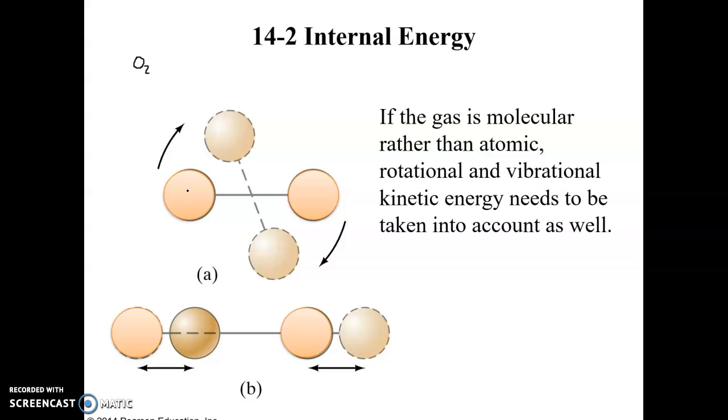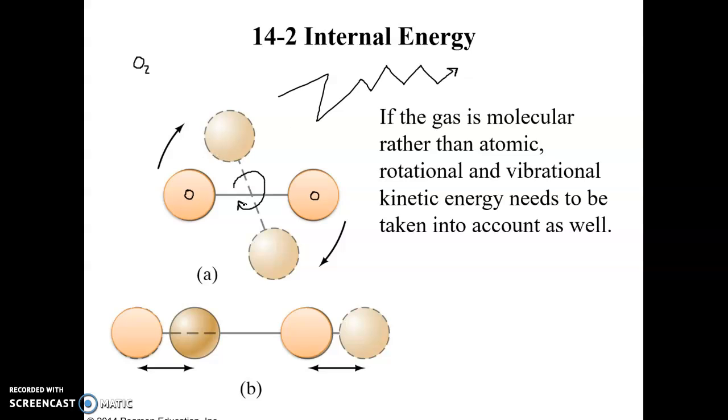So we've got 1 oxygen here and another oxygen here, and they're linked together. Now, if we look at the kinetic energy of a molecule like this that's made up of 2 atoms, it is both going to translate or move, and it's also going to rotate.